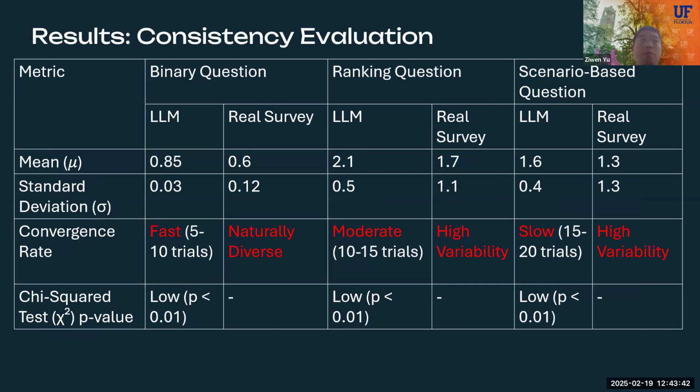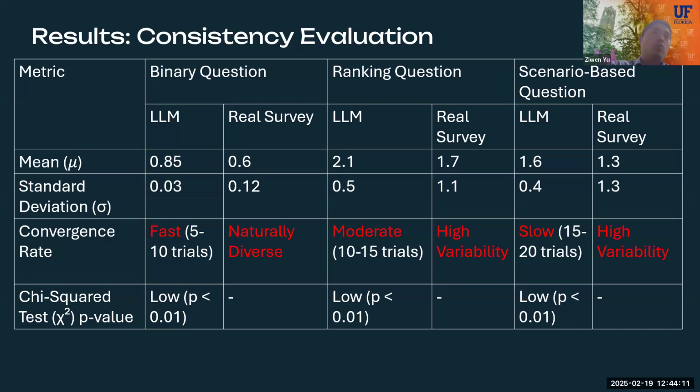So here is the comparison that we got. For those 3 questions that we introduced before, the binary, ranking, and scenario-based questions, we can see that the LLM results converge over time, especially for the simple question. It converges in 5 to 10 trials, and the distribution is consistent over time.